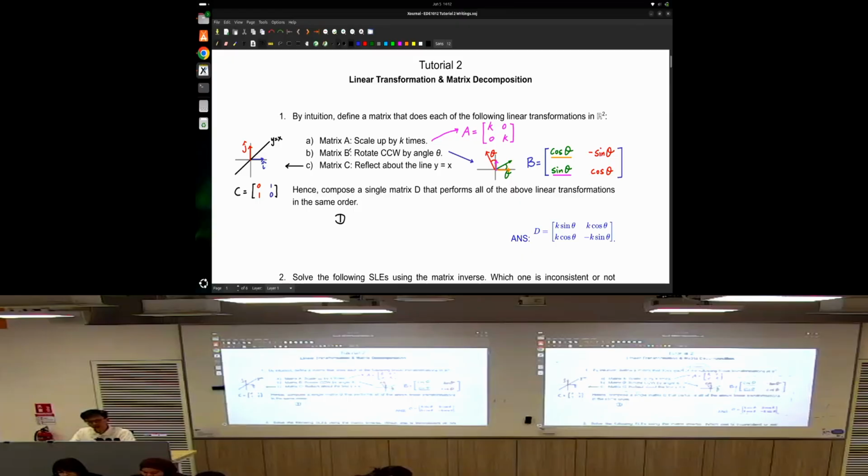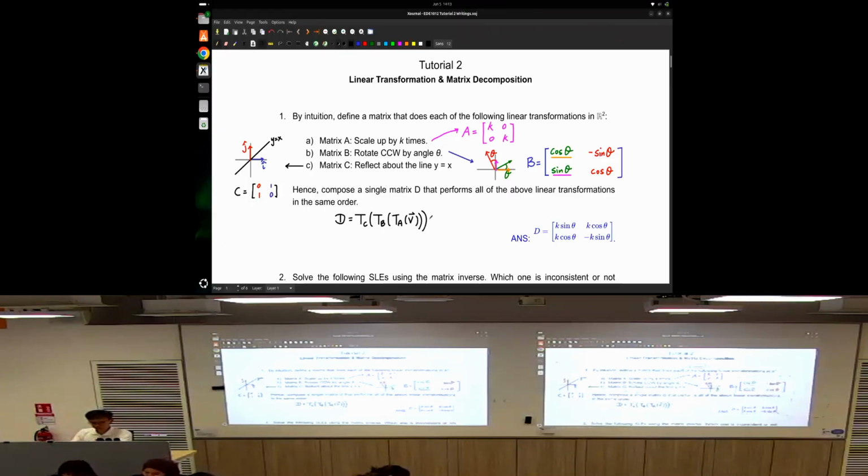In this order means you have to do A first, then put A into B, then after that put B into C. What that means is you want the linear transformation T of C of T of B of T of A of the vector space.